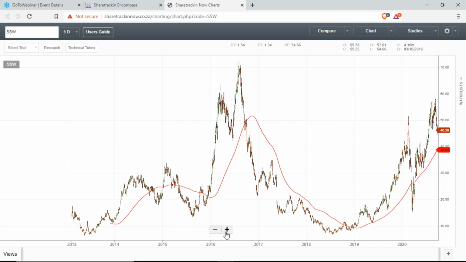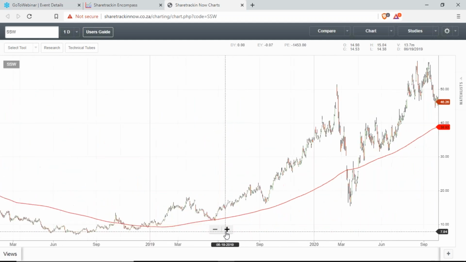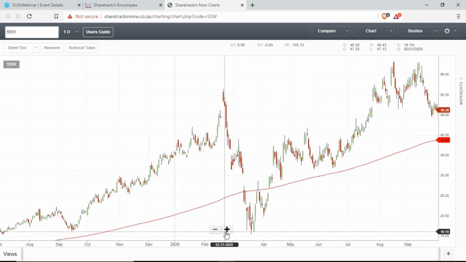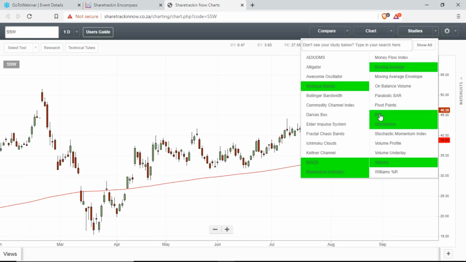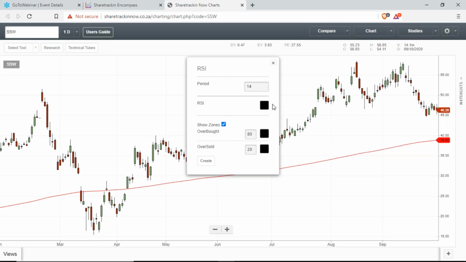Let's use the plus button and zoom back in. I can see this is a good share. I go to studies, I insert my RSI. I change my period to 3 days to get my most accurate reading on the RSI.